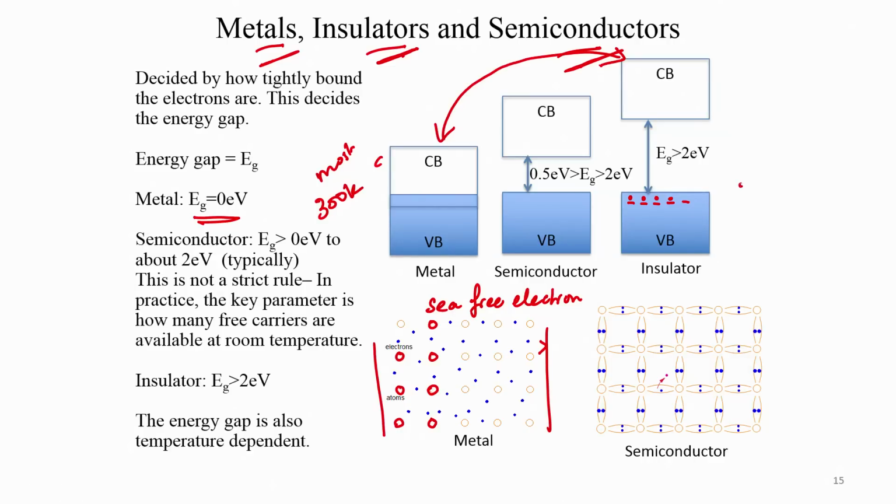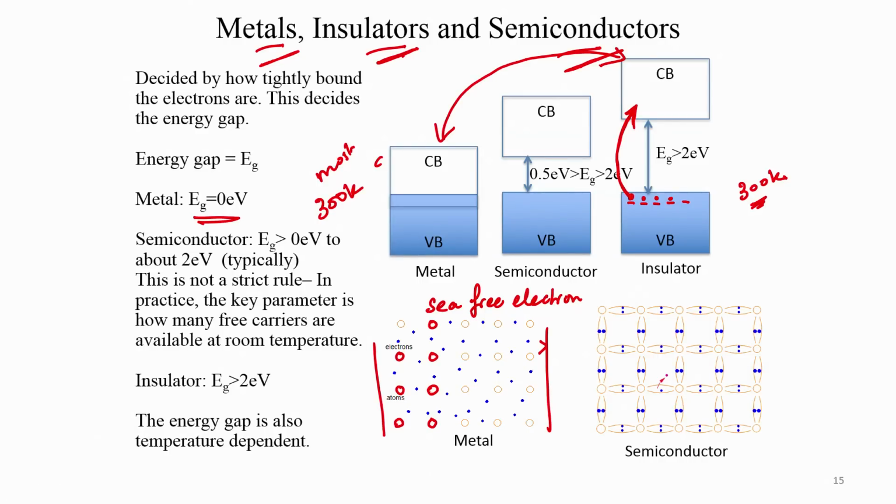Now at room temperature, which is 300 Kelvin, these electrons would acquire some amount of energy and they would jump to the conduction band. In the case of an insulator, this gap is so large that at 300 Kelvin it is very unlikely that the electrons would get the energy required to jump across the gap.